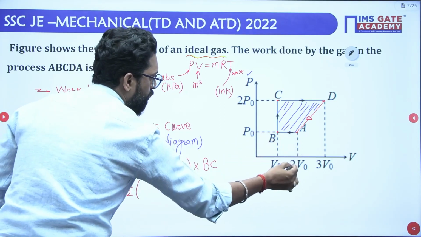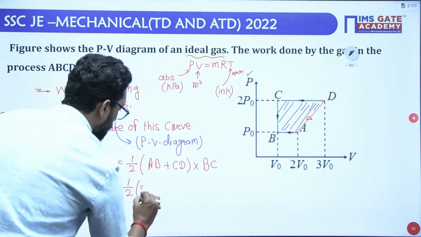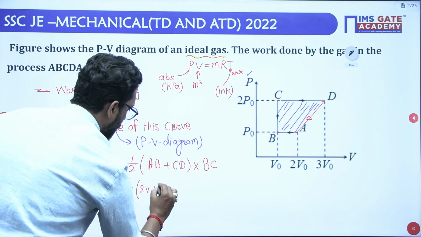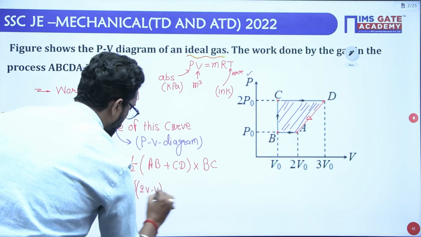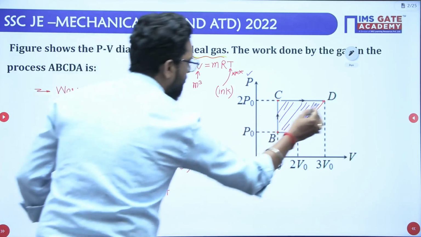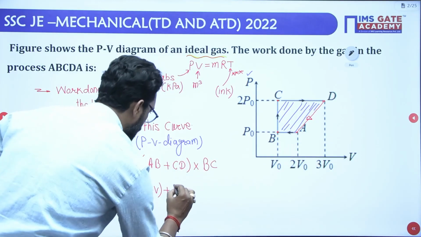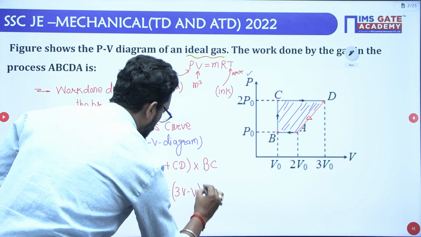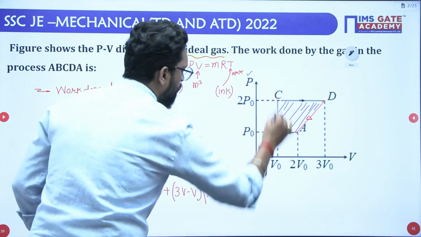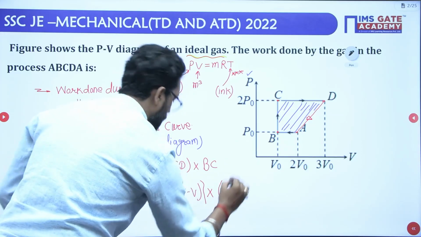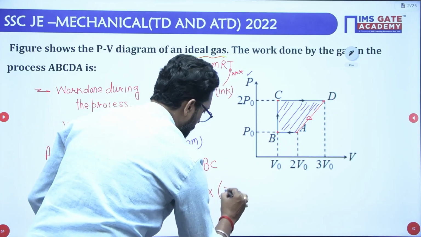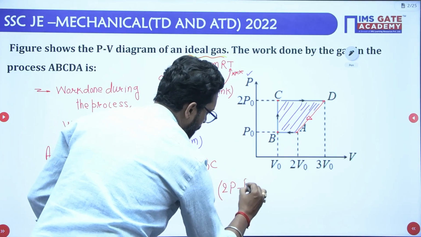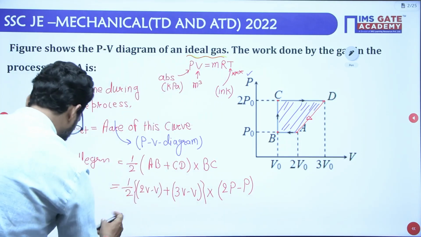AB is 2V minus V, plus CD. CD is 3V minus V, into BC, which is 2P minus P. So how much is it?